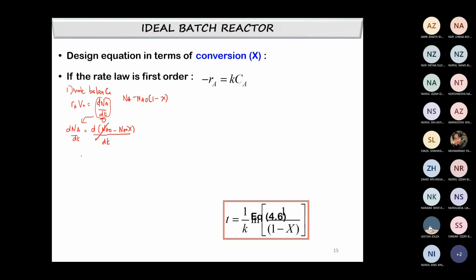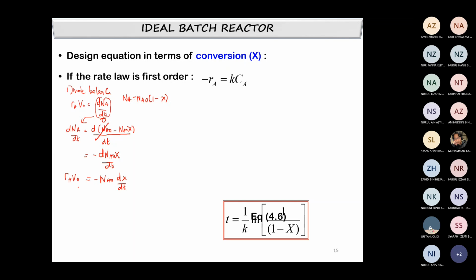So it becomes negative NA0 dX over dt. We cannot differentiate NA0, so NA0 must be placed outside. We can look at different conversion at different times, but we cannot look at different NA0 at different times. So we have to take it out. So this one is RA V0, replace it with dNA over dt.